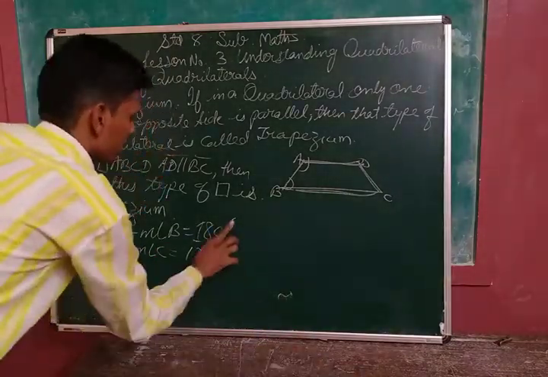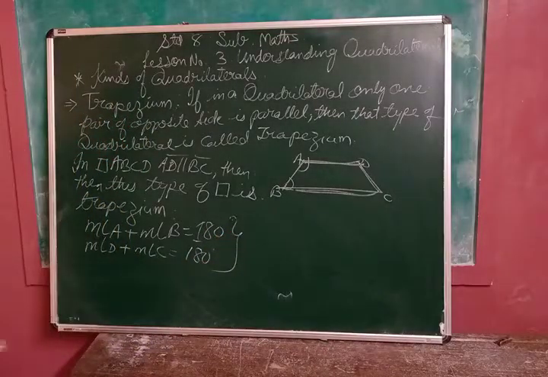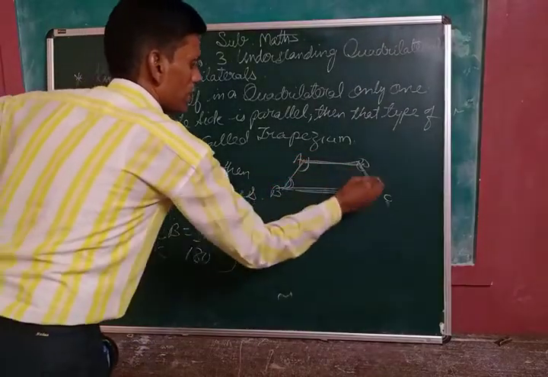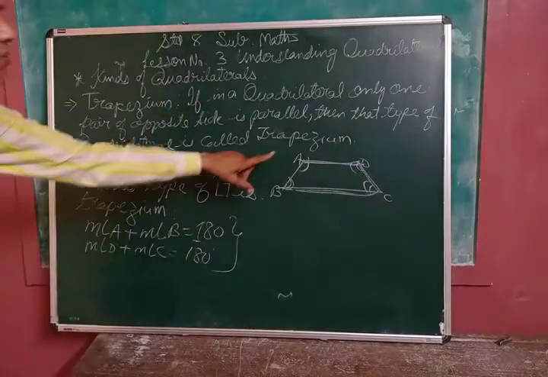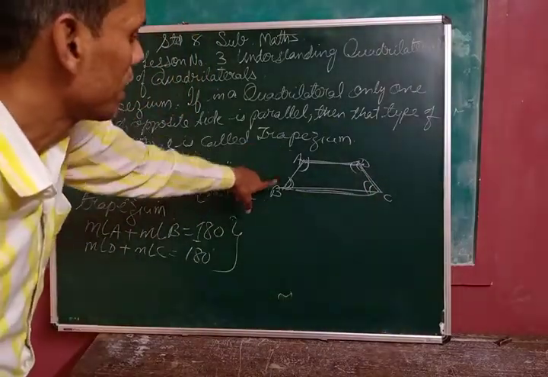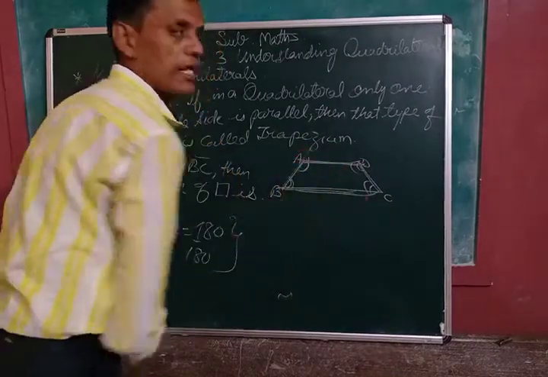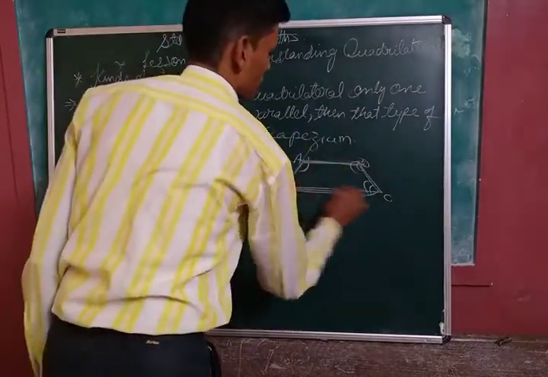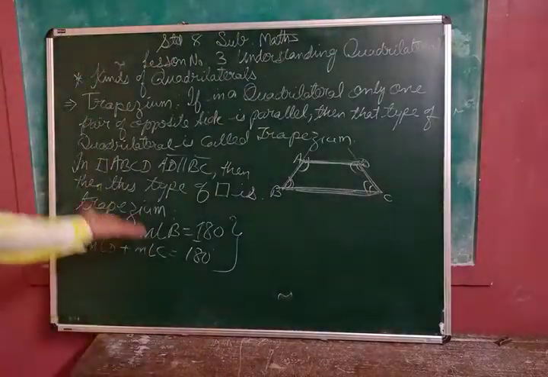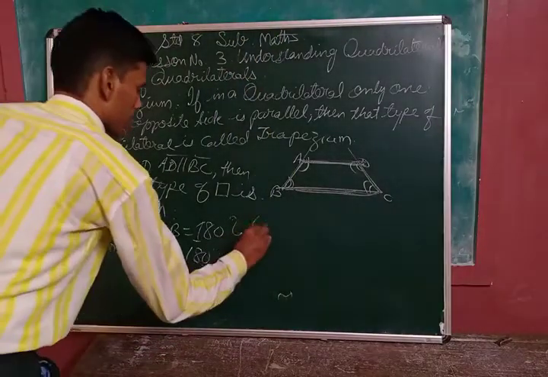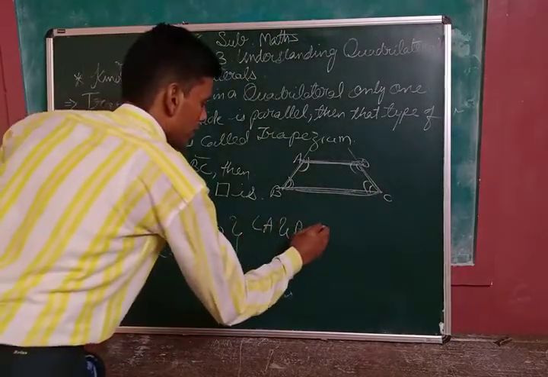Why 180? Here they are forming interior angles. The first pair of interior angles is A and B. These two are parallel and this is a transversal line. So they are forming angle A and angle B.